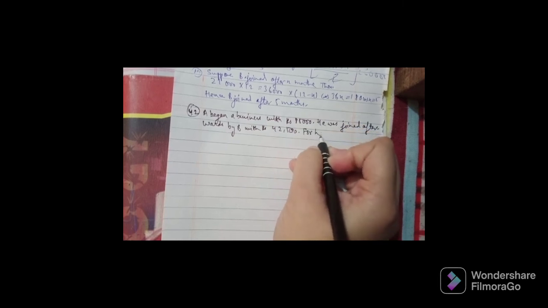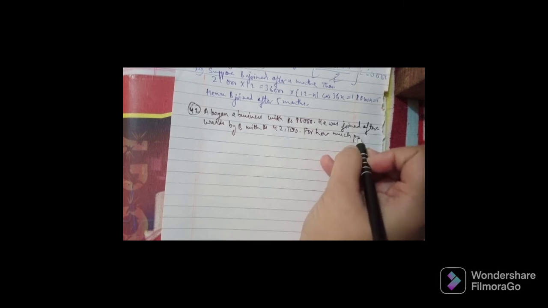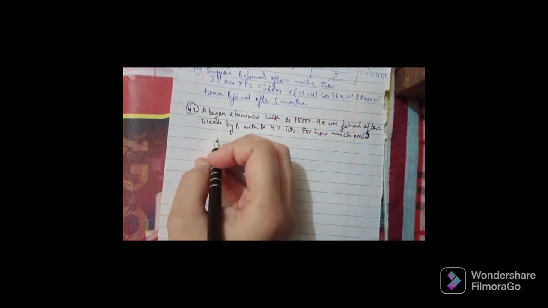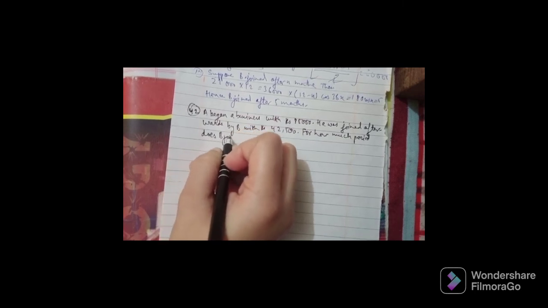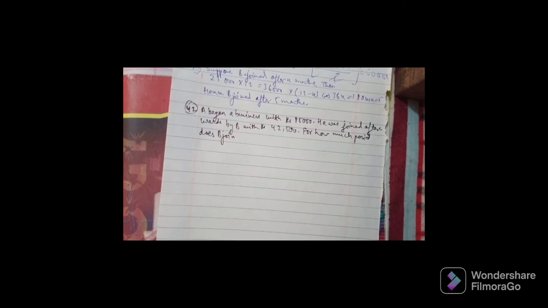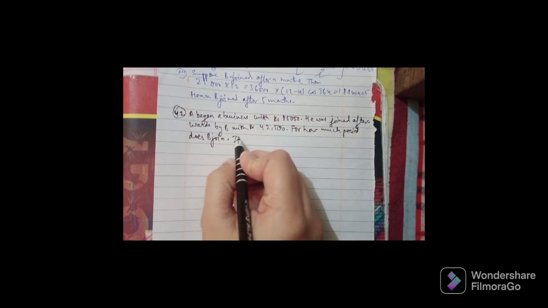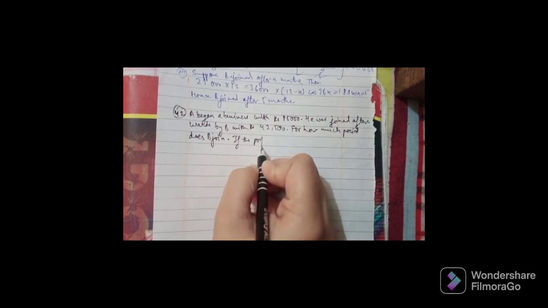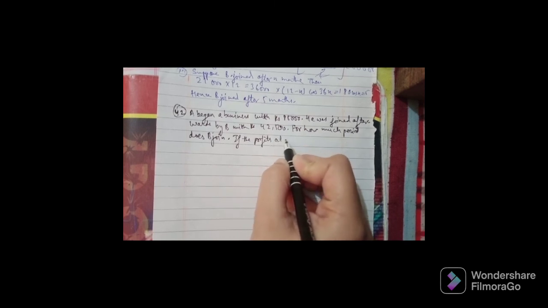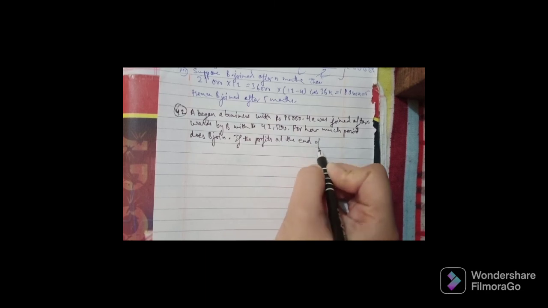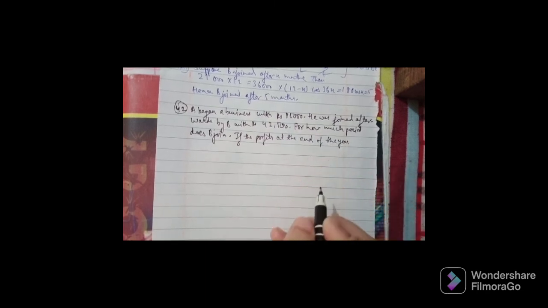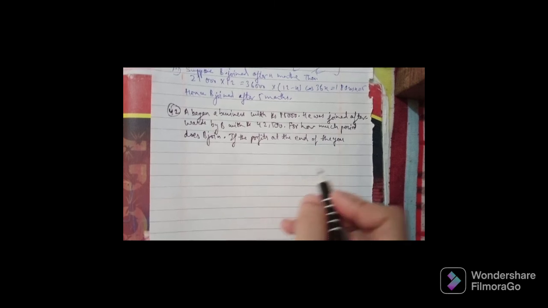For how much period does B join if the profits at the end of the year are divided in the ratio 3:1?